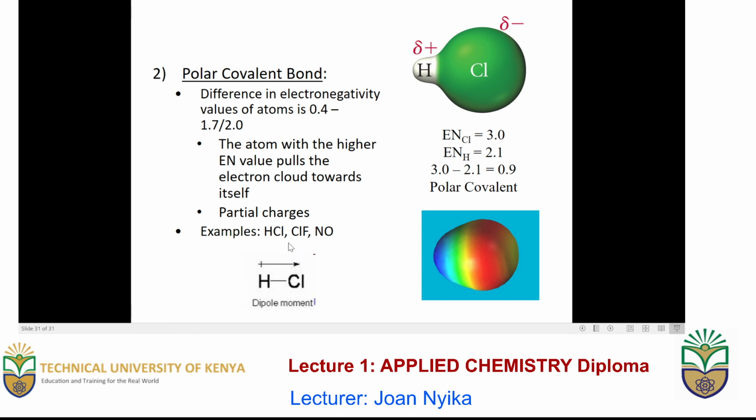Examples include hydrogen chloride. For hydrogen to get to a stable state, it has to form a duet. Chlorine, on the other hand, has to gain 1 electron to become stable.